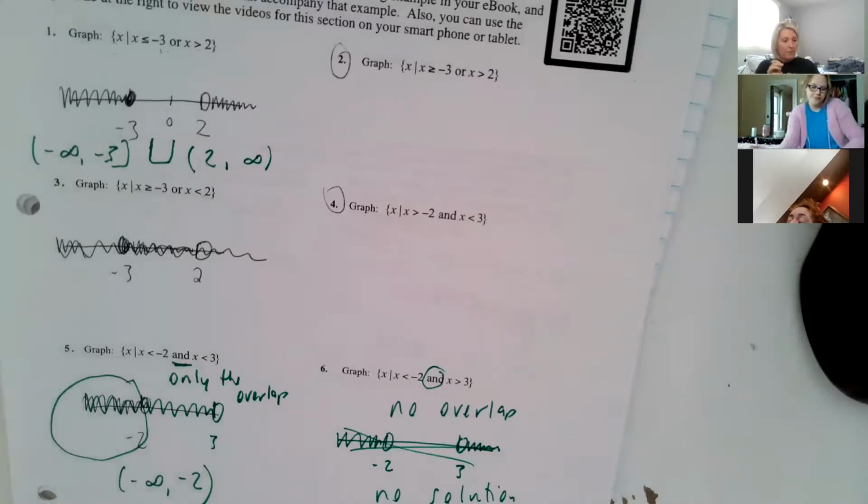Yep, good job. So it'd only be one answer then, right? Yep. So -2, comma, plus infinity. Okay, well, -2 up to 3, right? Because x has to be less than 3, that's the maximum.